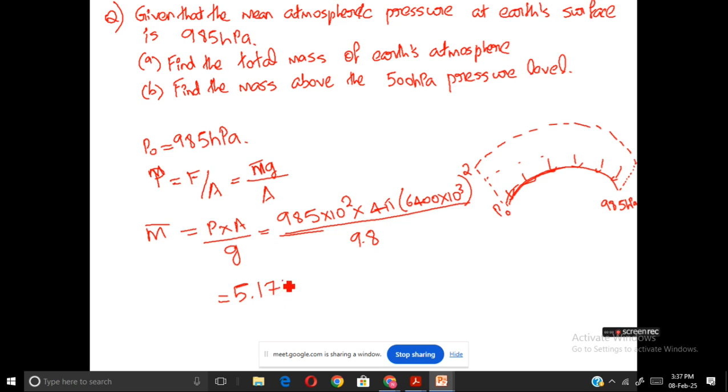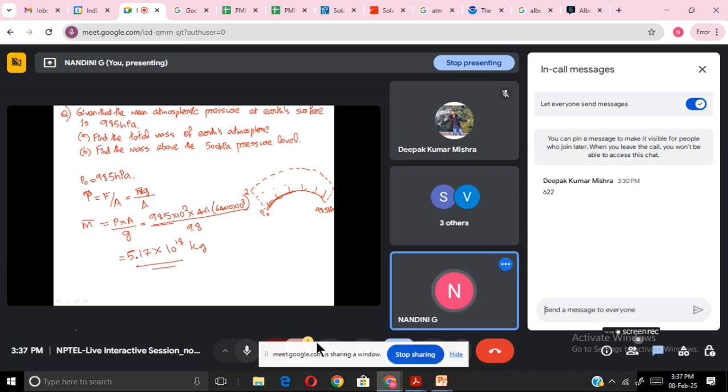92.877 into 10 to the power 10 kilograms. I'm getting a value of 5.17 into 10 raised to 18. I hope this is correct. If anyone is getting a different answer, please let me know. I think people got a different answer. Soumya, which value did you get?